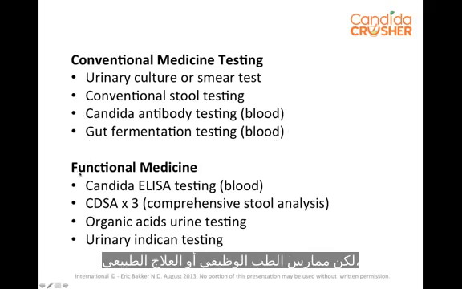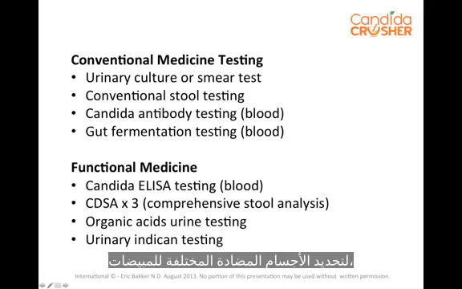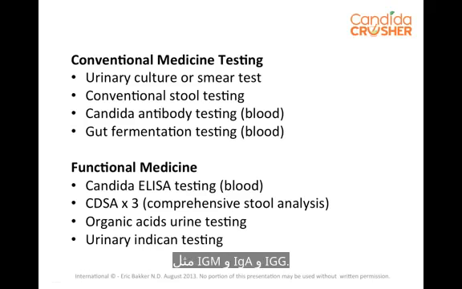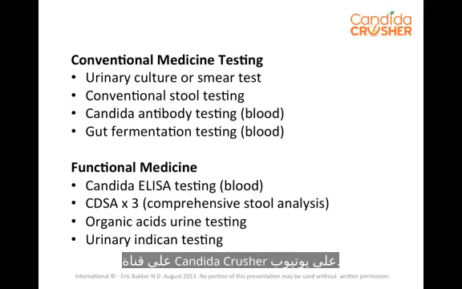But a functional medicine practitioner or naturopath will be more interested in the enzyme-linked blood test to determine various antibodies to Candida, such as IgM, IgA, and IgG. These things may not mean much to you, all these terms I'm using, but I will certainly elaborate on these terms in other more comprehensive video clips in time on the Candida Crusher YouTube channel.